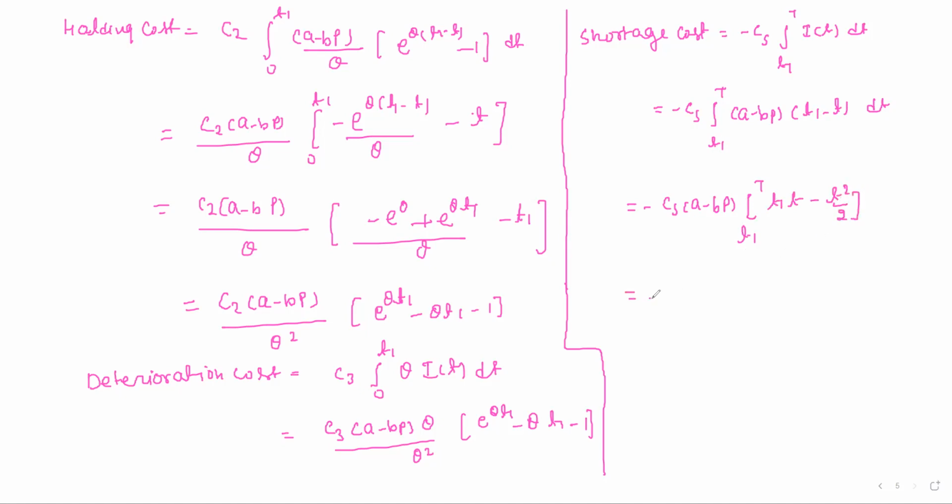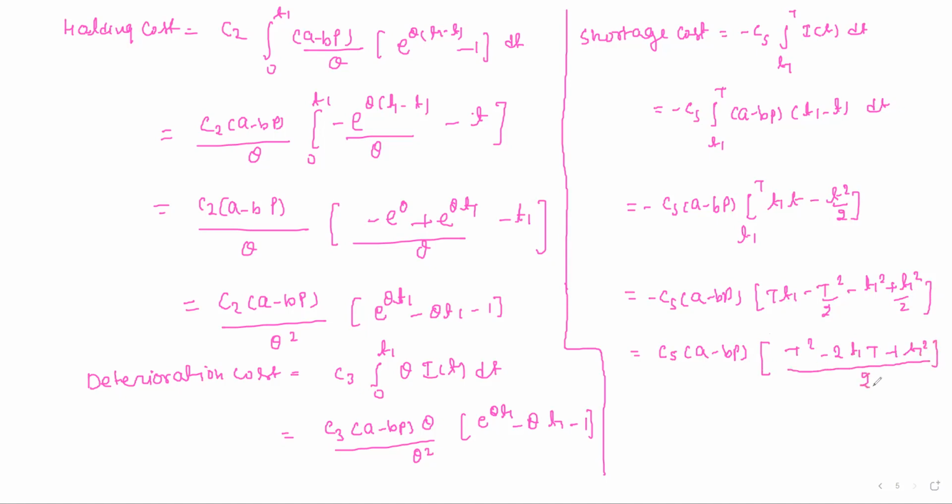Now we can put the limit: t1 T minus T square by 2 minus t1 square plus t1 square by 2. After simplification, we get Cs (a minus bp)(T square minus 2 t1 T plus t1 square) by 2. So this is the shortage cost.